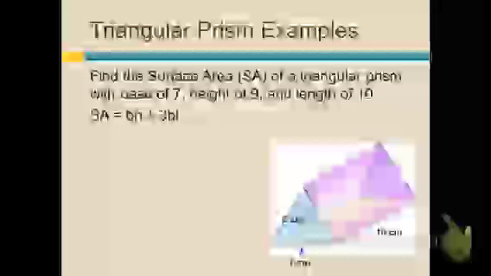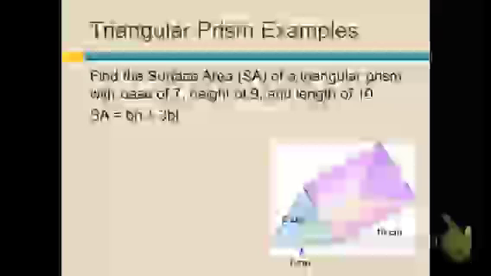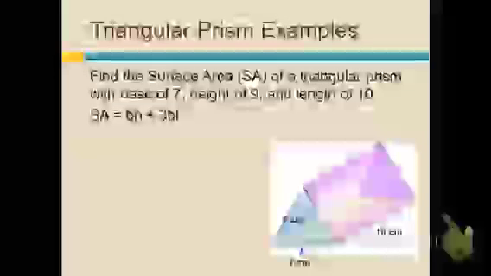The first component, base times height, is there because we are looking at a triangle, and the area of a triangle is 1/2 the base times the height. But because a prism has 2 ends, we need 2 times 1/2 base times height, which yields base times height, plus 3 times the rectangular side.